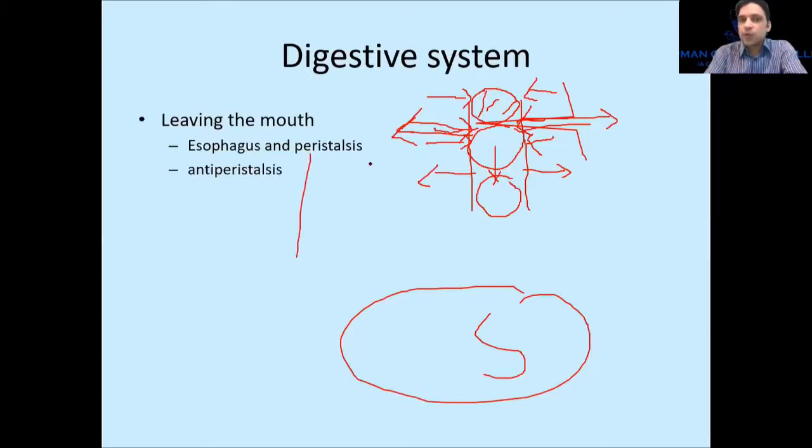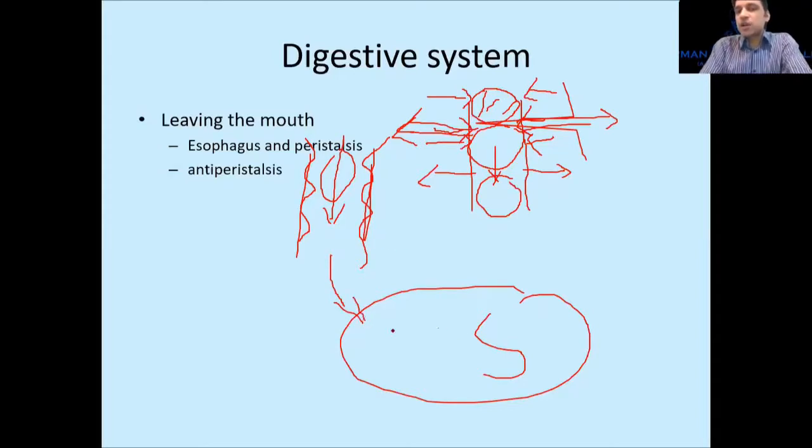So in the food pipe, there is like a wave-like movement of muscles in a very synchronized way, which pushes the bolus very fast through the esophagus, and it pours everything into the next part of the digestive system, which is called the stomach. I hope this will help you to understand.